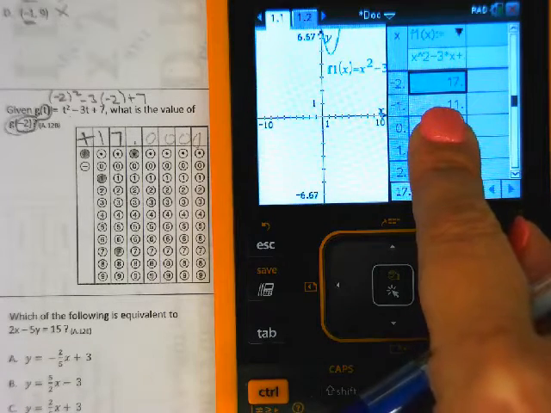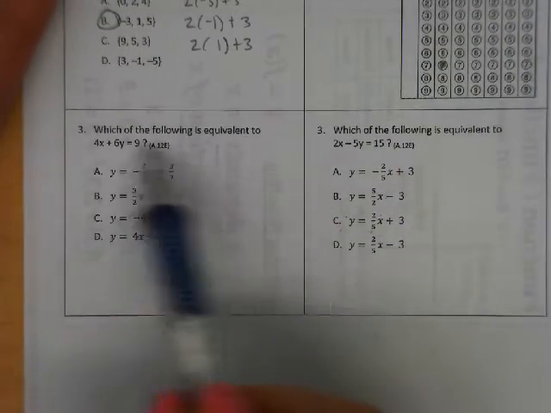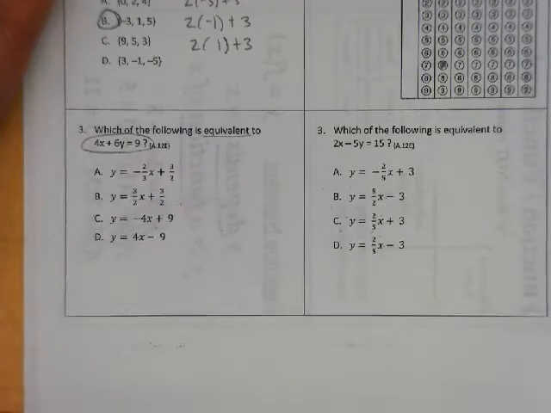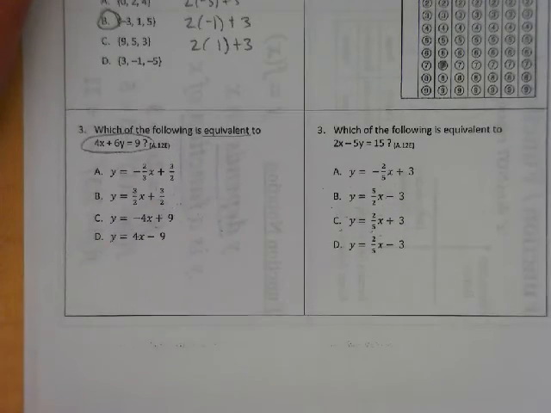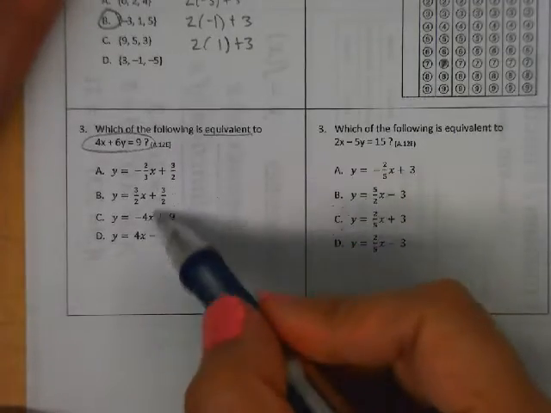All right, shall we try one more? Which of the following is equivalent to this? Okay, guys, this is not a calculator question. You're not going to be able to do this. Okay, this is standard form to y equals.